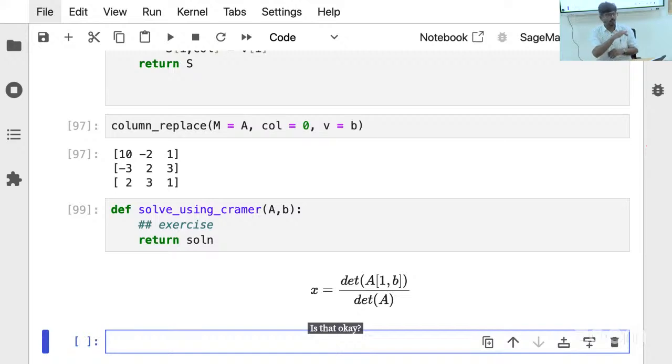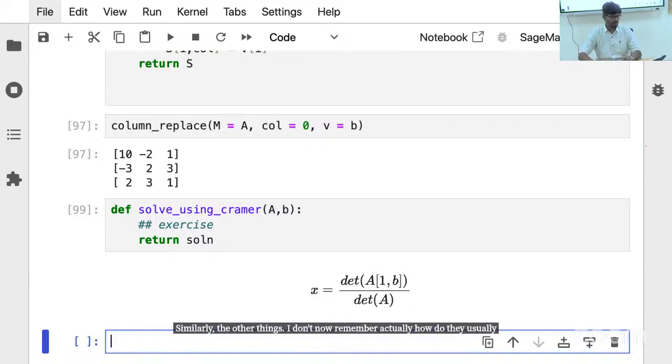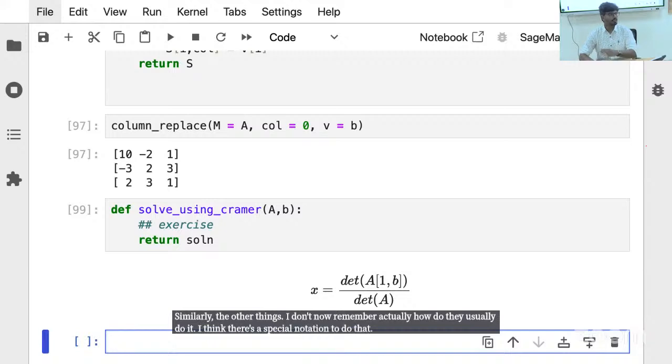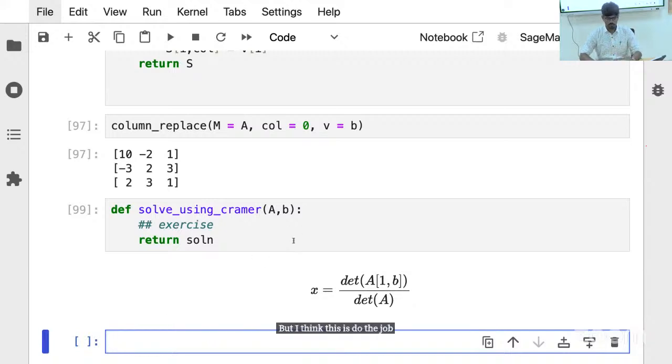So the value of X is nothing but the determinant of A, in which the first column is replaced by B, divided by the determinant of A. Similarly, the other variables. I don't remember how they usually do it. I think there's a special notation, but this will do the job right now.